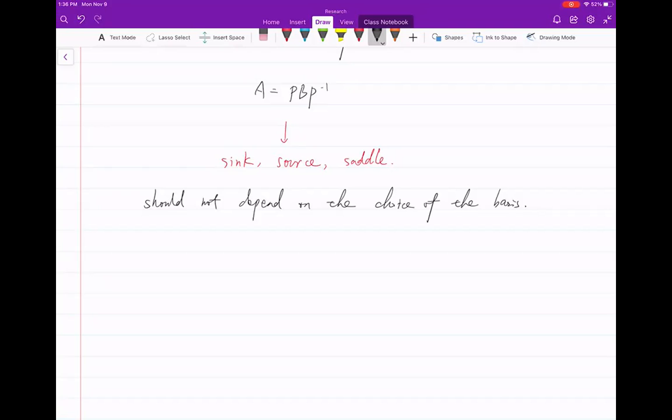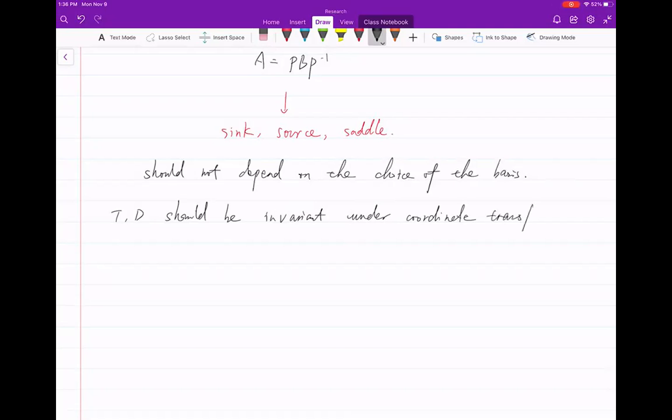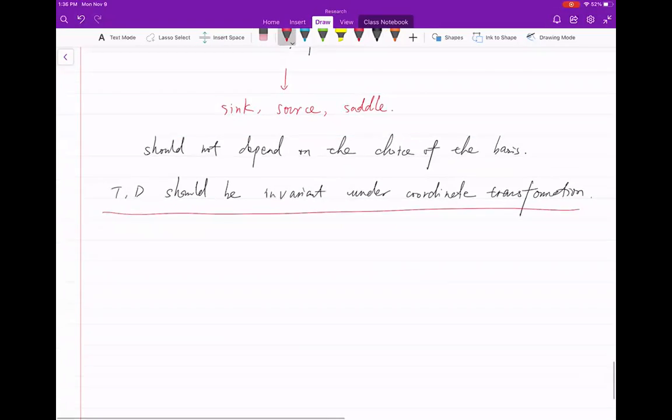All right, so that's the requirement. T and D, or whatever value you choose to describe the behavior, should not depend on the coordinate system. Now let's use the terminology: should be invariant under coordinate transformation. Okay, that's the key requirement.